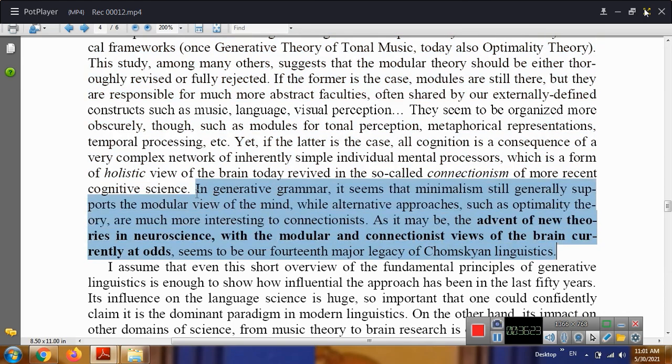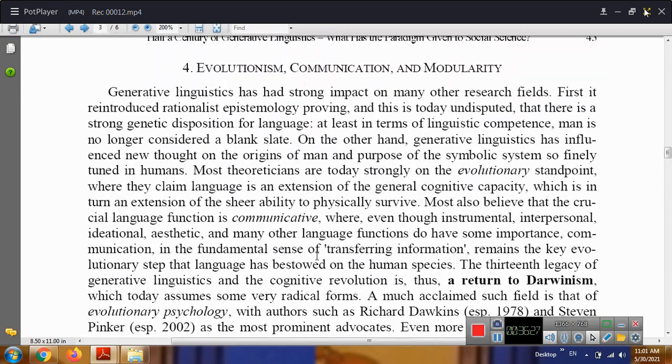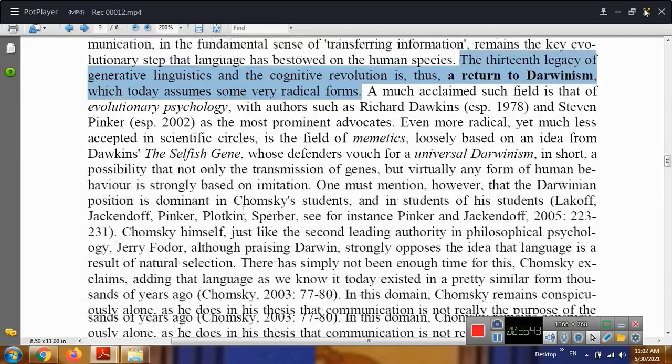Dear student, in these paragraphs, just this line is important, and there is a need to summarize all of these paragraphs. Just these 3 lines are important, even for your final exam too.